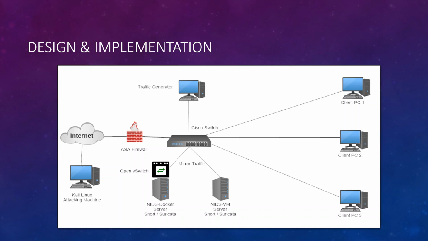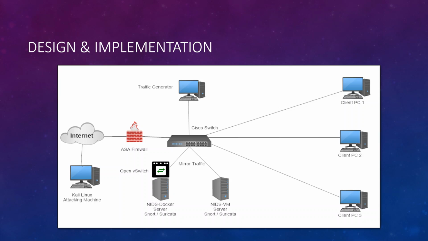Design and implementation. This graph shows that we'll be setting up two network IDS servers, one as Docker and one as VM, where the traffic will be mirrored using an Open vSwitch to monitor the traffic coming into the LAN network.